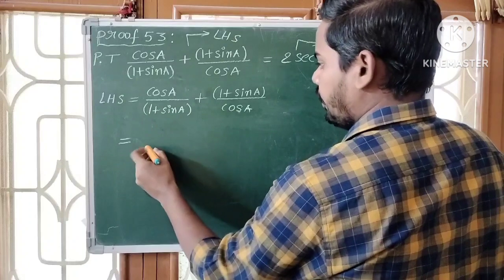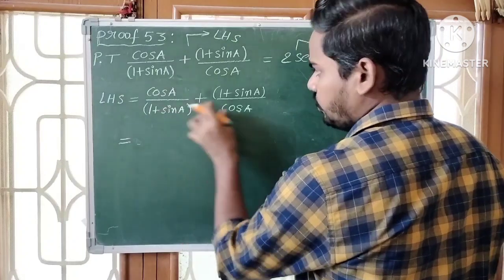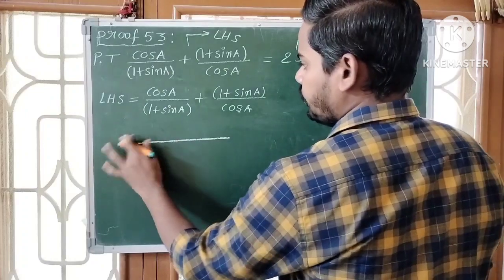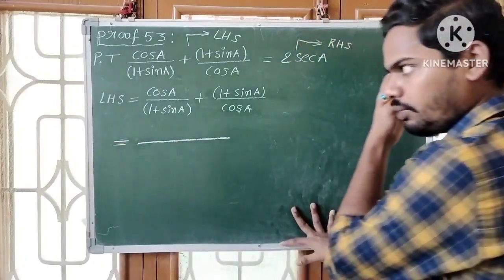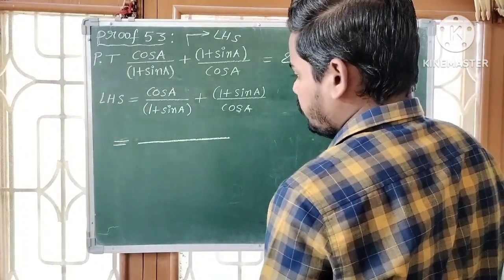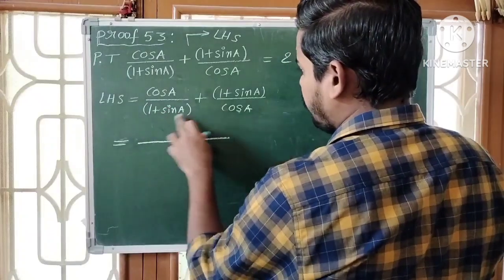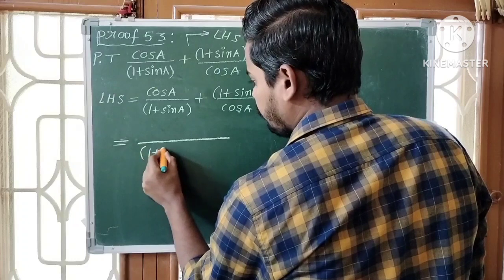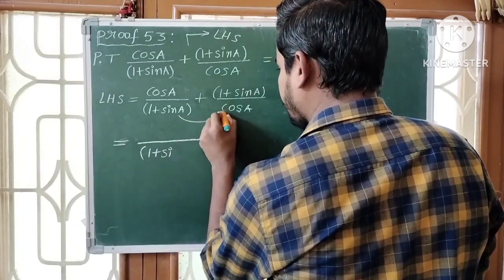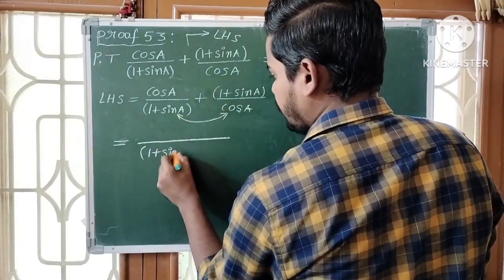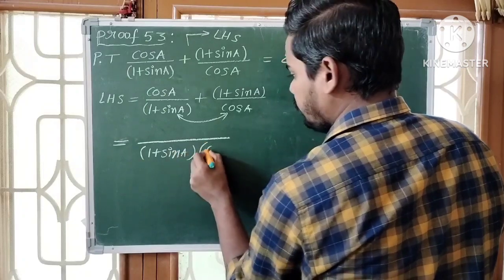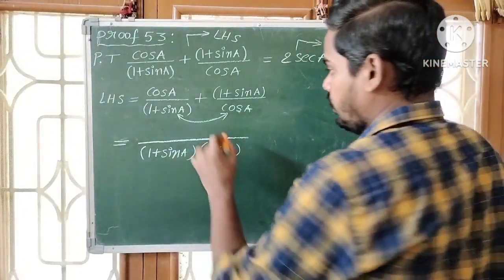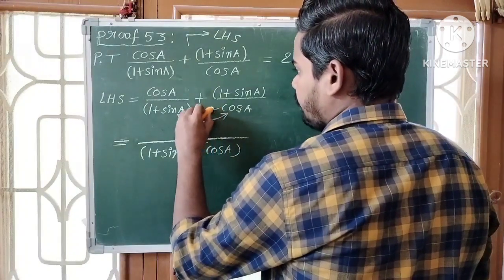The addition of two rational expressions will again give a trigonometric expression. First, find the product of denominators: 1 plus sin A into cos A. Now apply crosswise multiplication.